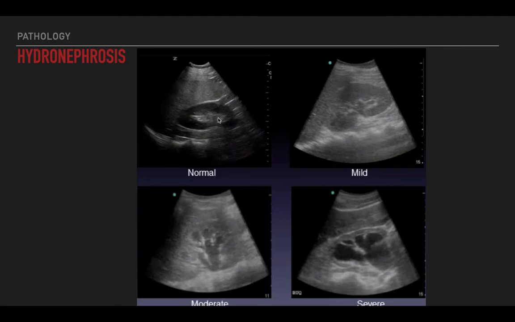Your collecting system, generally you don't see it. However, when it starts to dilate, like in mild hydronephrosis, then you start to see dilation of the renal pelvis, and your calyces will become a little bit more prominent. Then as you go from mild to moderate, you see that your calyces are a lot more obvious. And then in severe hydronephrosis, you've essentially lost part of your parenchyma. So going from normal to mild to moderate and now severe hydronephrosis.